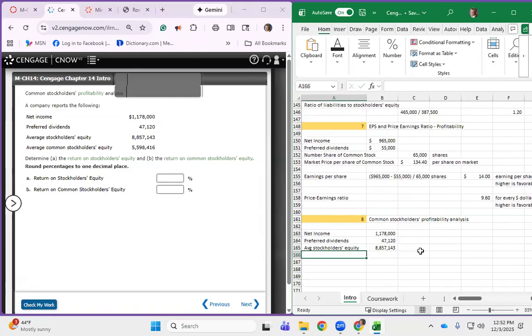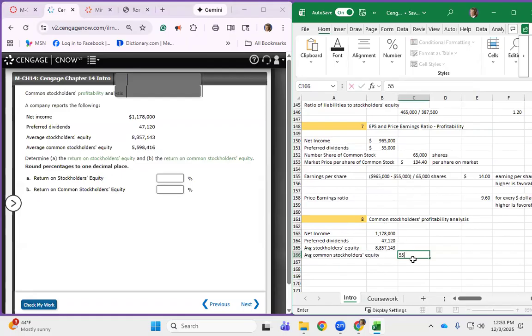Then there's the average common stockholders' equity. That would be the same if all they had was common stock, but they've got preferred as well, so you have to think of it that way. I'm going to put that number here, and these are dollars.